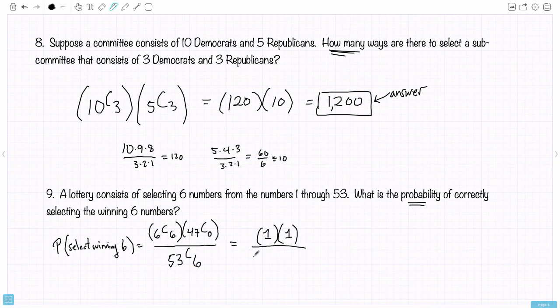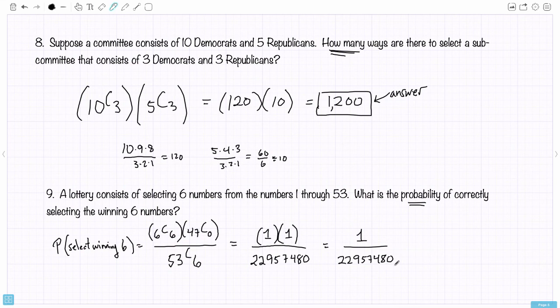That number comes out to be 22,957,480. So the probability is 1 out of 22,957,480. Imagine 22 million, almost 23 million different possibilities. You have to pick the right one out of those 22,957,480.